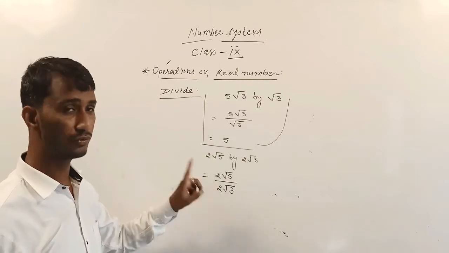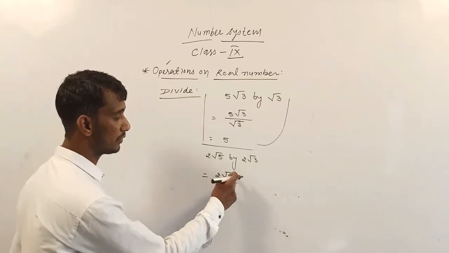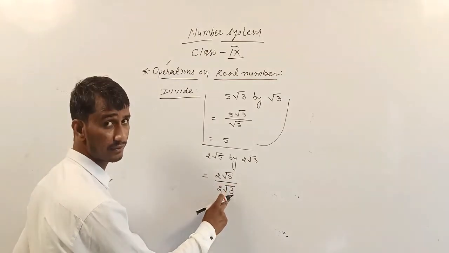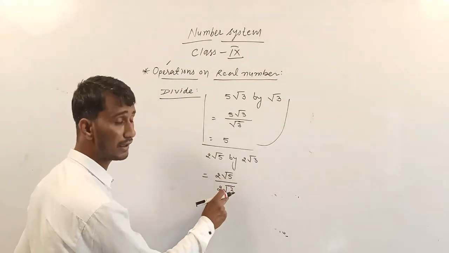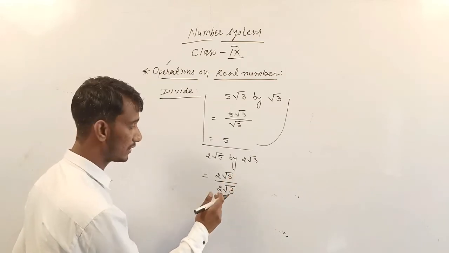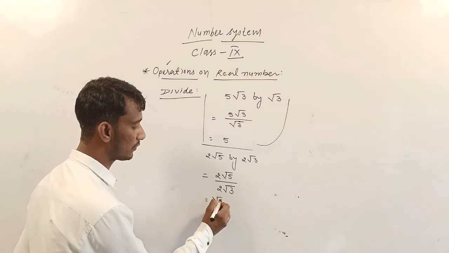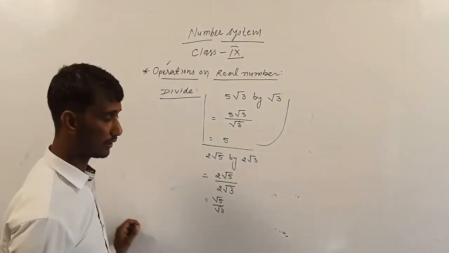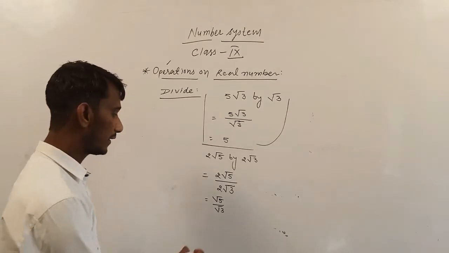So 2 divided by 2 is one time. But in the irrational form, root 5 divided by root 3. Both are different irrational numbers. So we can write here root 5 upon root 3, because 2 divided by 2 is one time. So that is your solution.